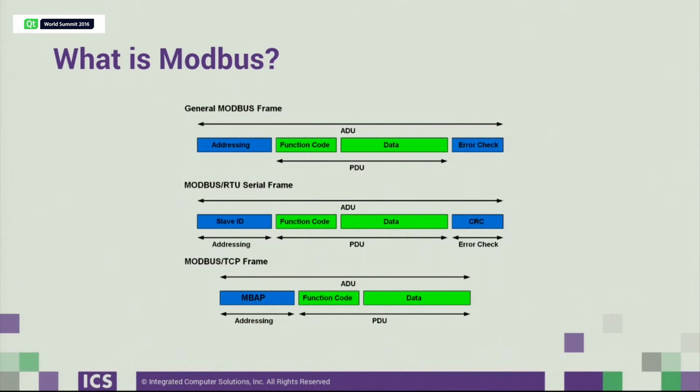And the data is sent in frames that are composed of different units, some of which I've shown here. So you have something they call an application data unit, or ADU, and it's made up of a protocol data unit, or PDU, and there's addressing information and error checking. So everything has a unique device on the bus.